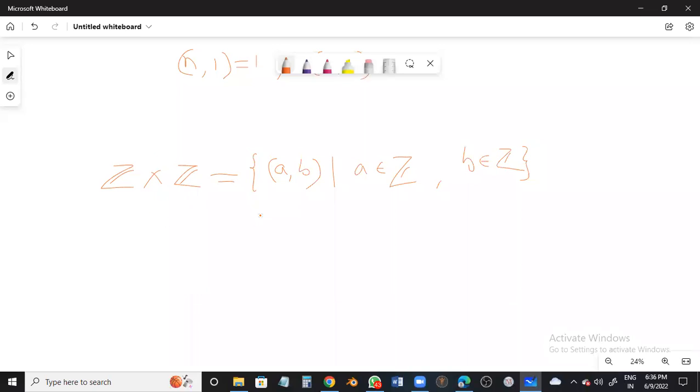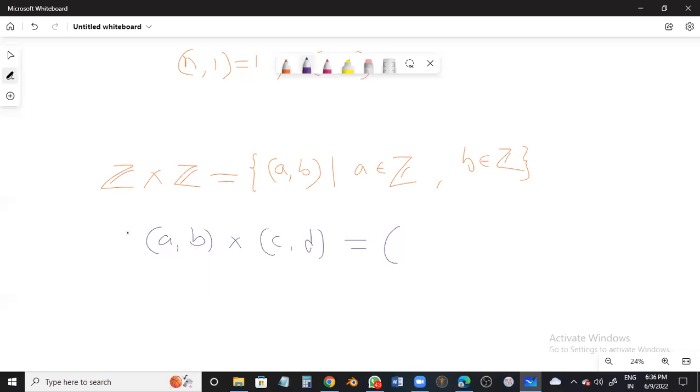Now the question is, what are the unit elements in this Z cross Z? So how do things run in the Cartesian product? Whenever you have two elements, like AB as the first ordered pair and ordered pair CD as your second pair, and now you want to multiply them, what will be the product?